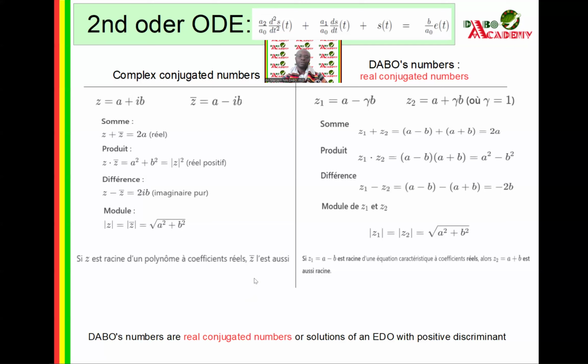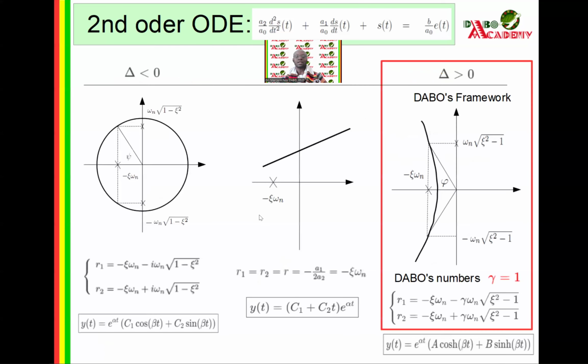And without this vision, it wouldn't be possible to see that when you are manipulating second order dynamical systems, it is possible to see them as a dynamical system that is living in three different worlds. When delta is less than 0, the system is lying in circular trigonometry, enveloped by an exponential function, as you can see in the result.